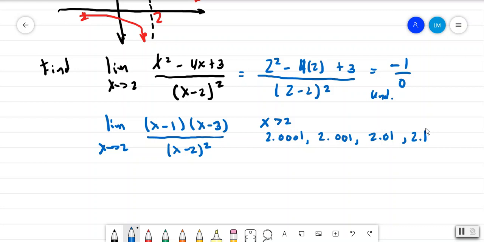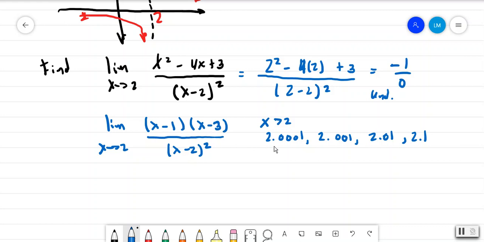One thing you should note is that the denominator is always going to be positive. But look at these values: for x minus 3, it's definitely going to be negative. So that's going to be negative, and this is going to be positive.